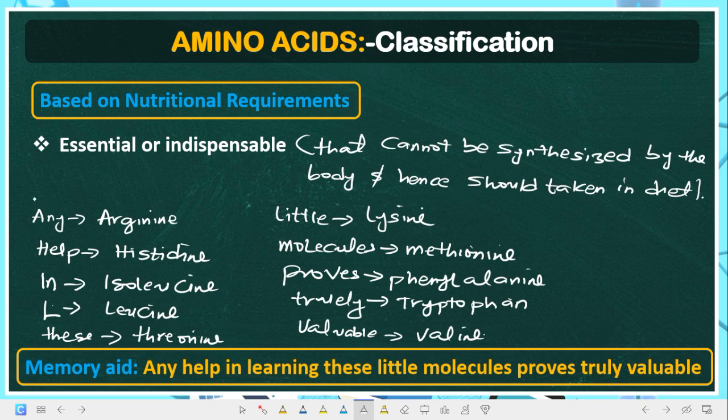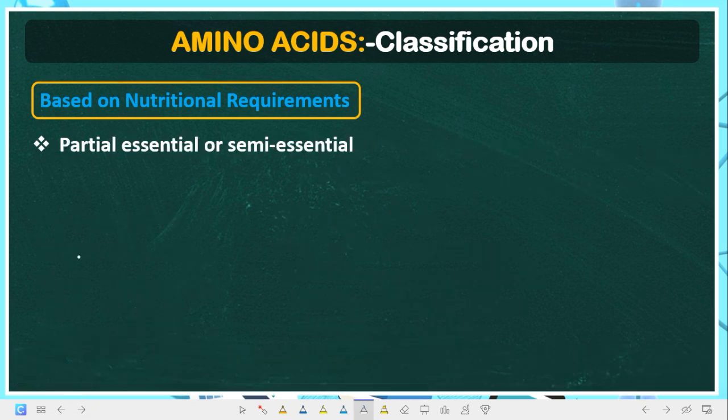Now, let us look at the next classification: partial or semi-essential. Now, these amino acids are semi-indispensable. Are we getting it? They may be required for children during their early stage of development, but as time progresses, they may not be required by the body again.